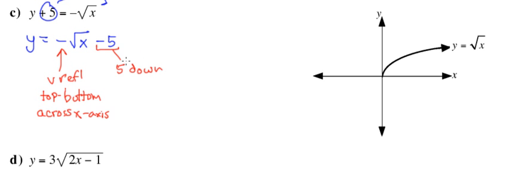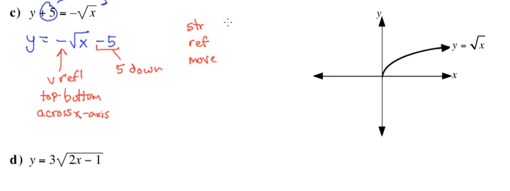Now, both of these are vertical, and so it matters what order we do them in. If we do it in the wrong order, we'll end up transforming our transformations in a way that will mess up the graph. So what happens first? Sometimes they tell you you should stretch and then reflect and then move or translate.